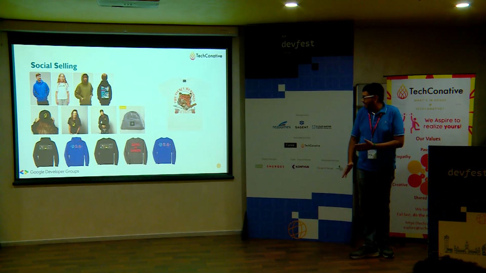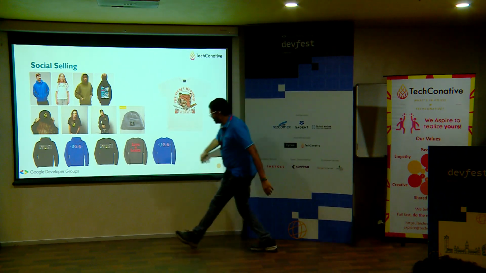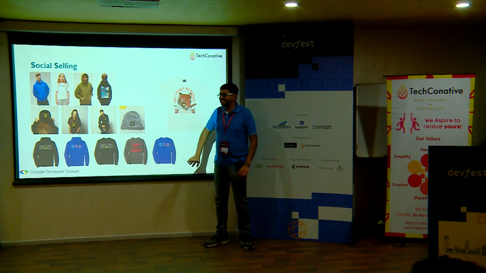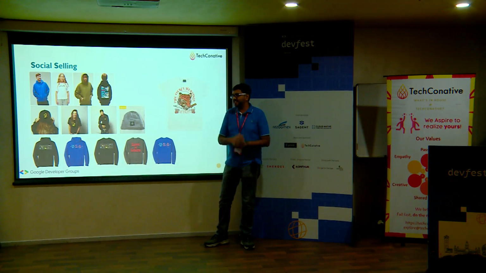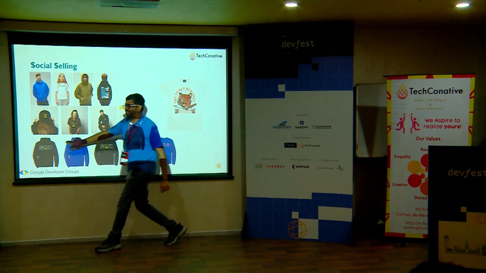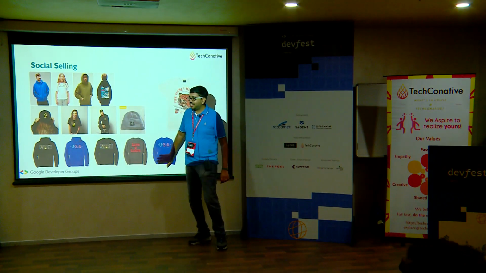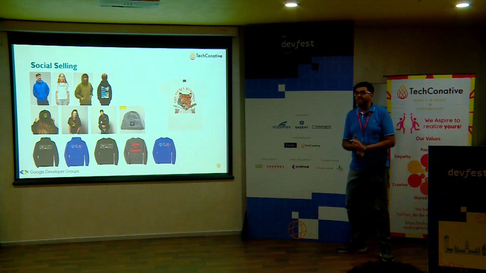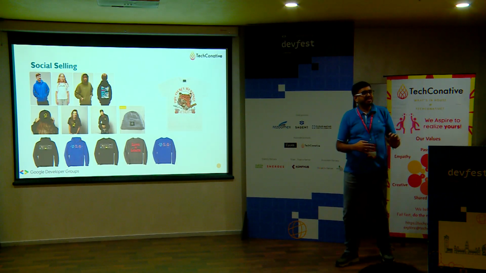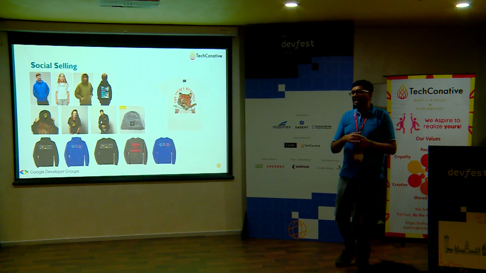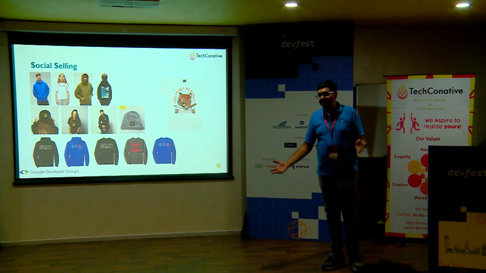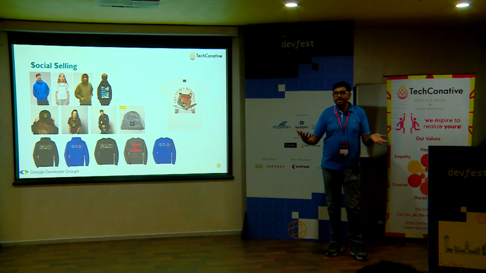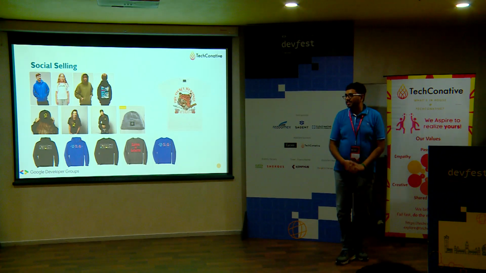If you see here, all these t-shirts look similar. When you look holistically, just the designs are being changed, but the base product remains the same. There are a few concepts called T-Sprint and Blink Store in India. They have come up with a model which enables the influencer to do social selling.